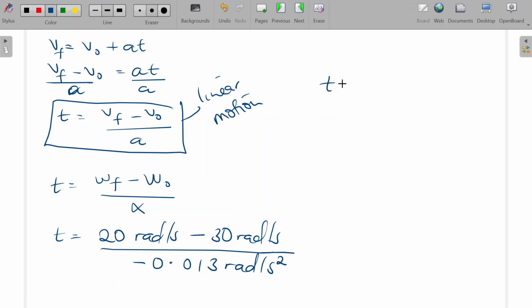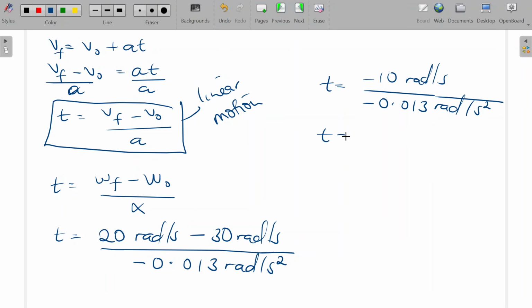Therefore your time will be equal to negative 10 rads per second over negative 0.013 rads per square second. When you divide negative 10 by negative 0.013, we are getting the time, which is 769.2 seconds. Are we together?